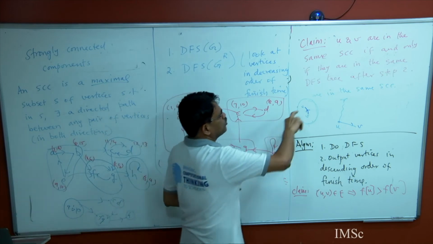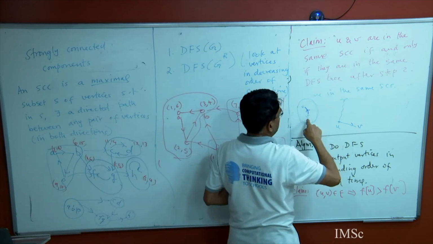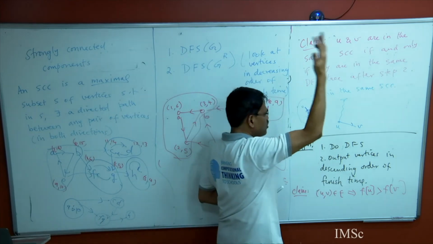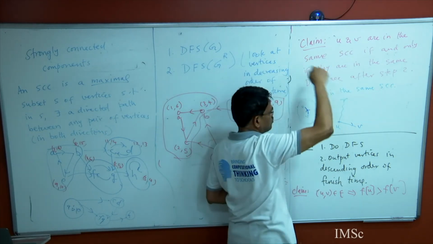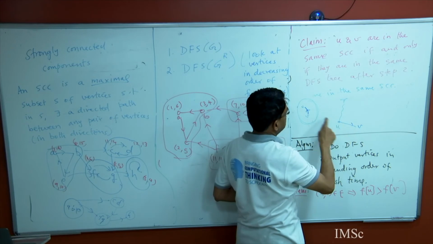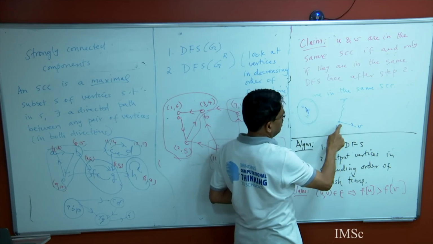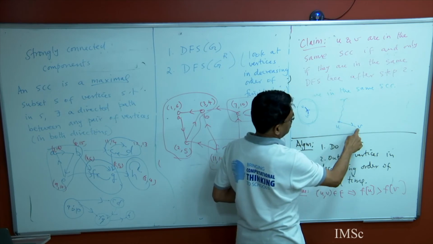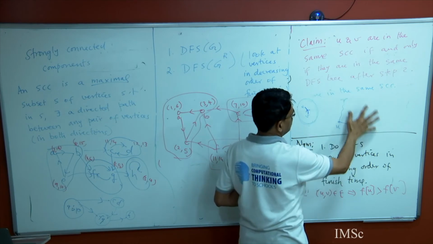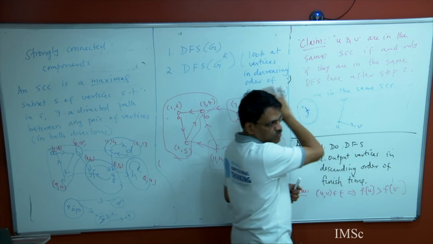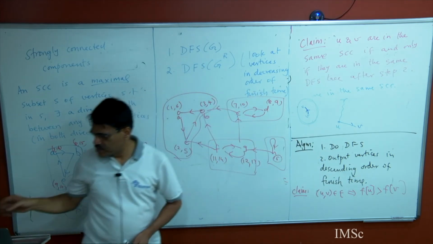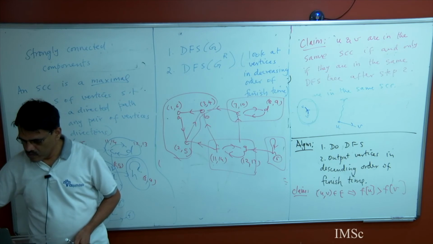So this is what I want. So if U and V are in the same component, then look at that tree which visits U, because every node is visited in this DFS forest. And if U is visited, since there is a path from V to U in the graph, in the reverse there is a path from U to V. So R should also visit V, and so U and V must be in the same tree in this forest. Now, the converse is where we will use some DFS properties.